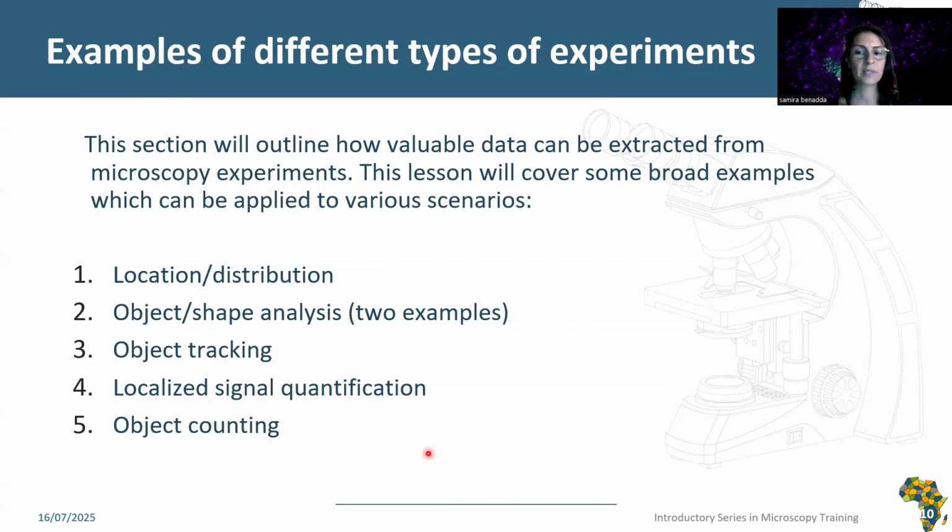One can also obtain quantifiable data from localized signal quantification. One can compare signal intensity in different parts of the cells or sample, for example, in the nucleus versus the cytoplasm, but also compare it with other samples. And the last will be object counting.